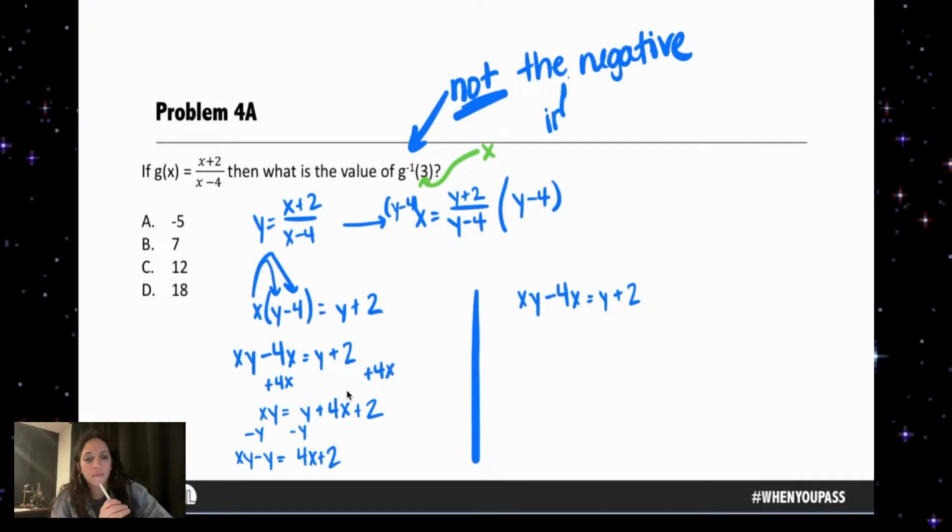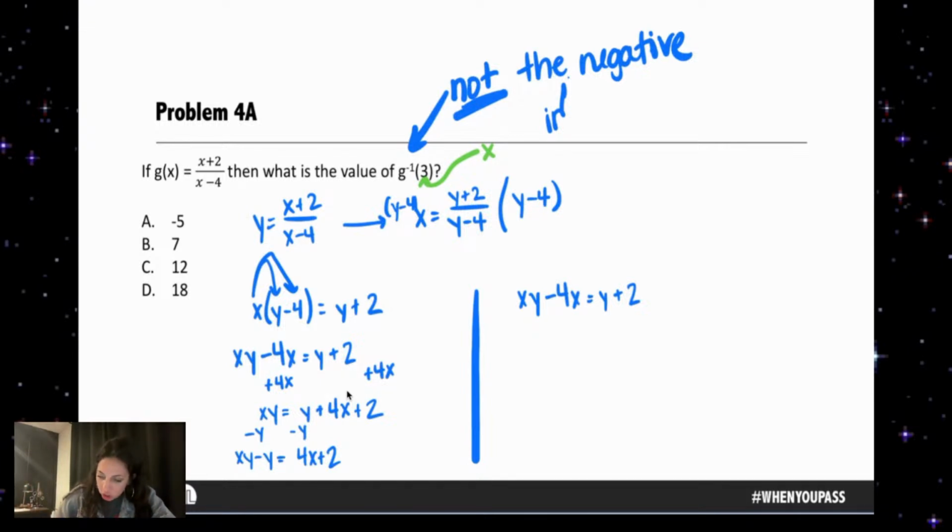What now? Well, now both of my terms on the left have a y as a factor. So I can factor the y out.